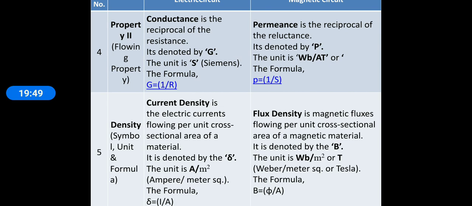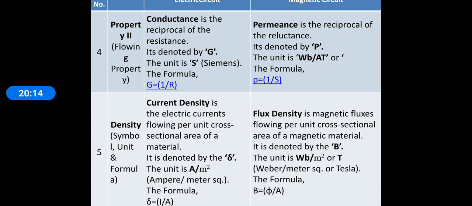It is denoted by P. The unit of permeance is Weber per ampere turn, and the formula is given by P equal to 1 by S, that is the reluctance.